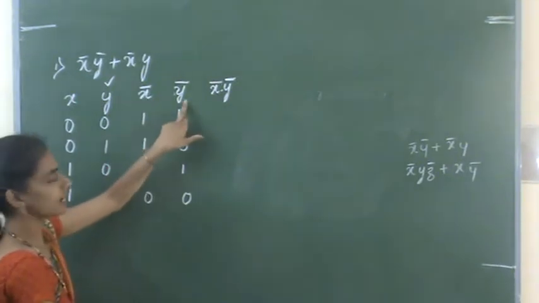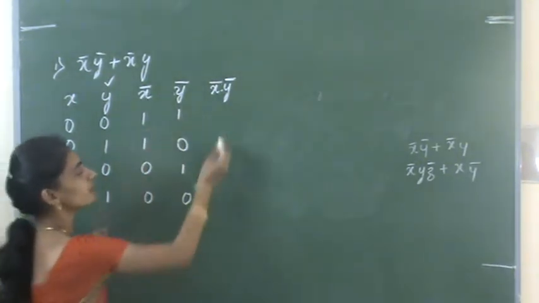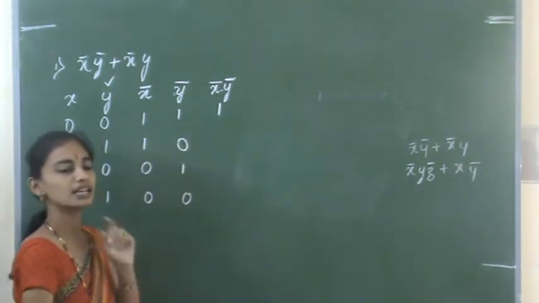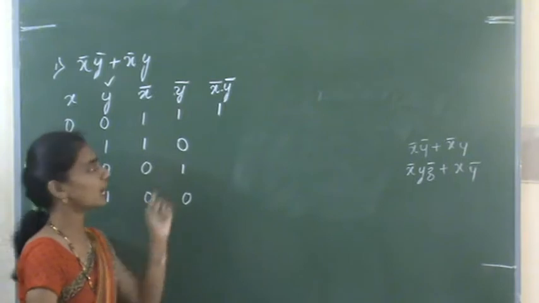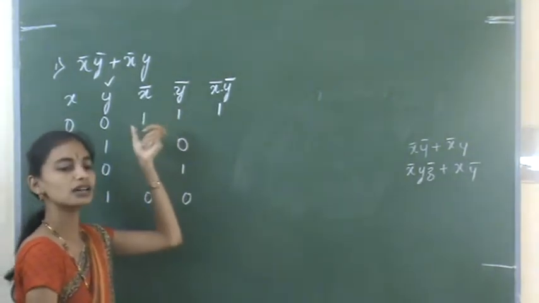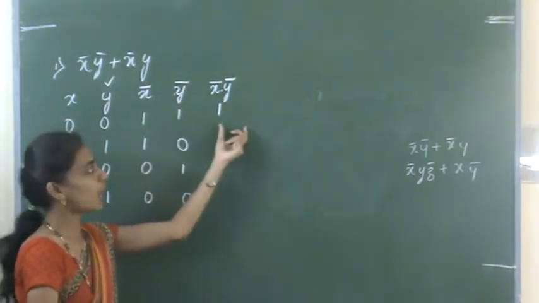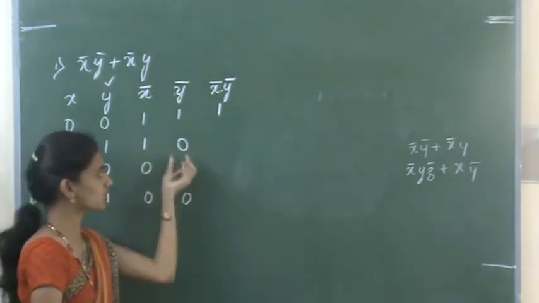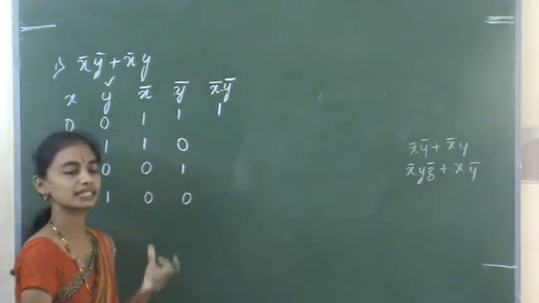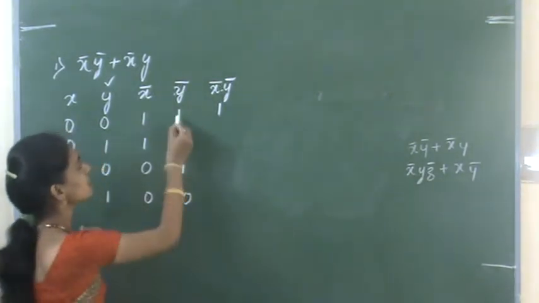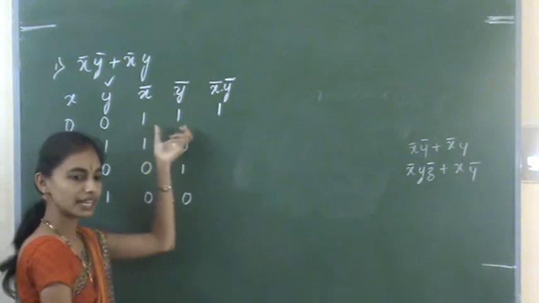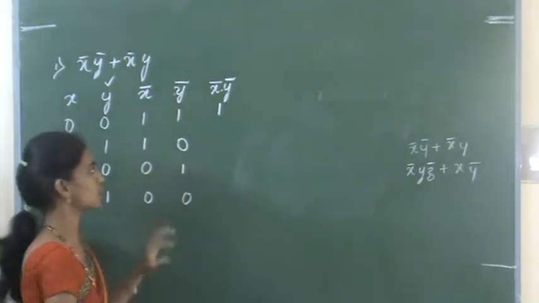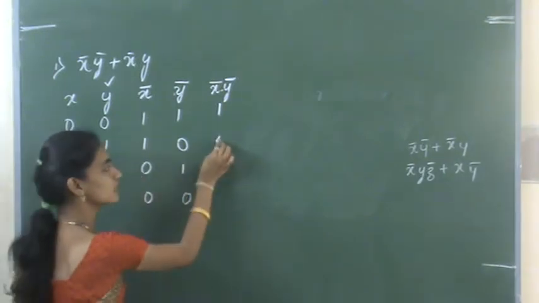So 1 and 1 we get the result 1, as we discussed in the previous class. If both the inputs or variables are true, or 1, the output will be 1. Otherwise it is 0, so 1 into 0 is 0.